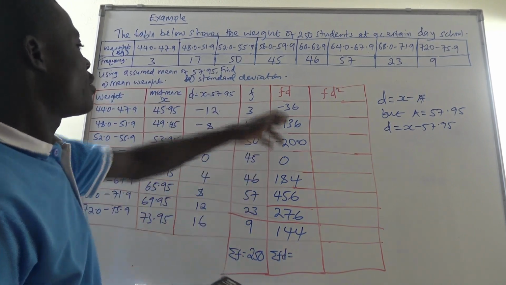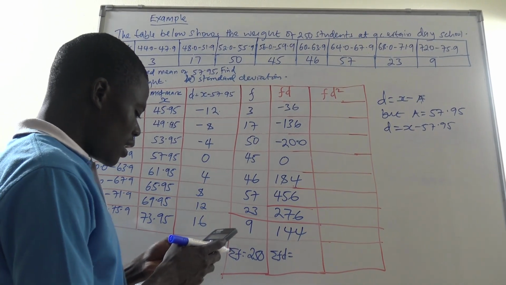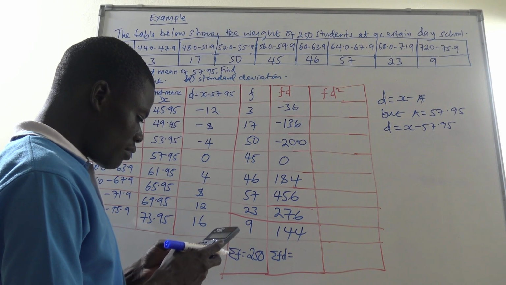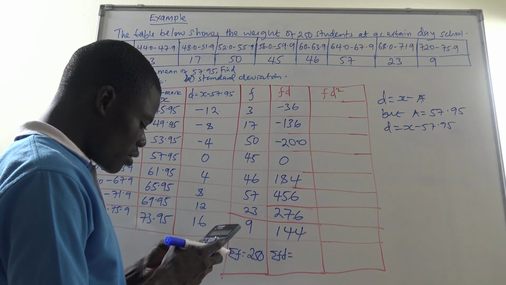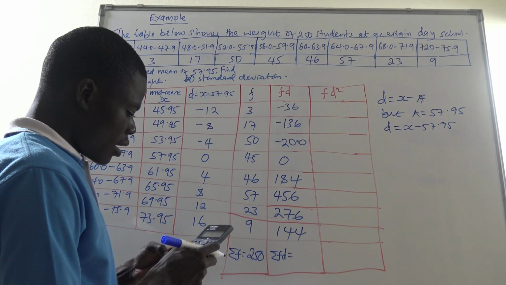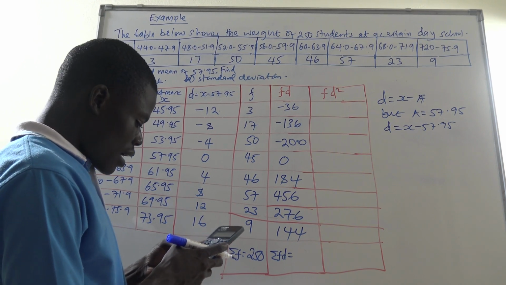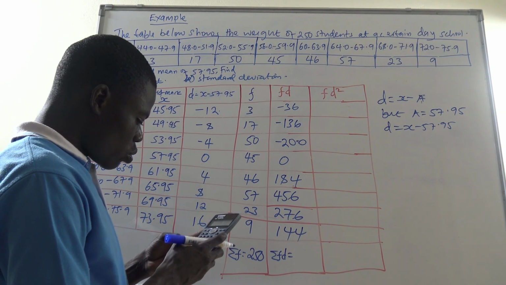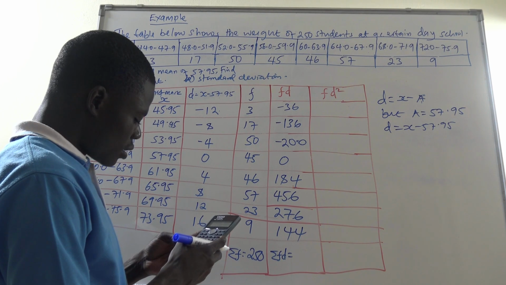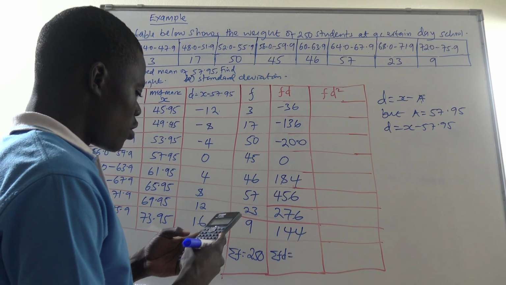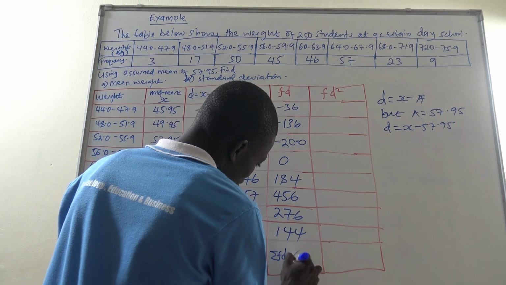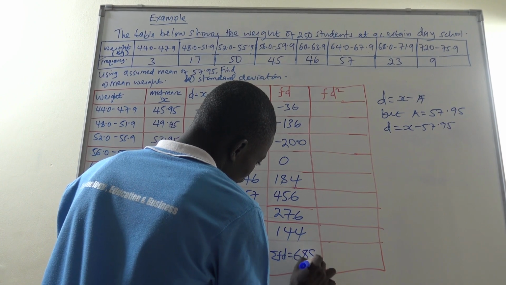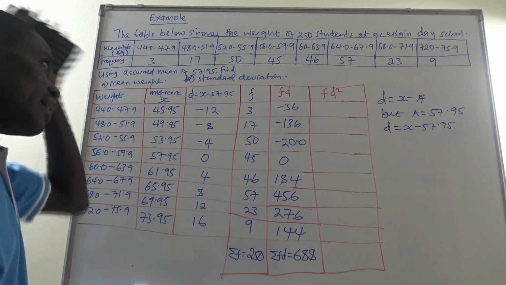The summation of FD, we add from top to the last one: negative 36 plus negative 136 plus negative 200 plus 184 plus 456 plus 276 plus 144. The answer we are getting is 688. That is our answer for FD.